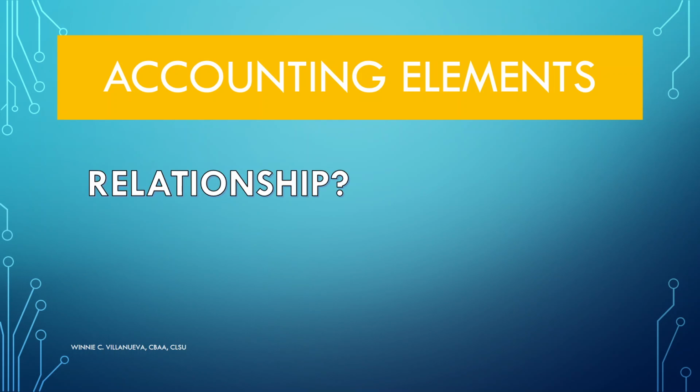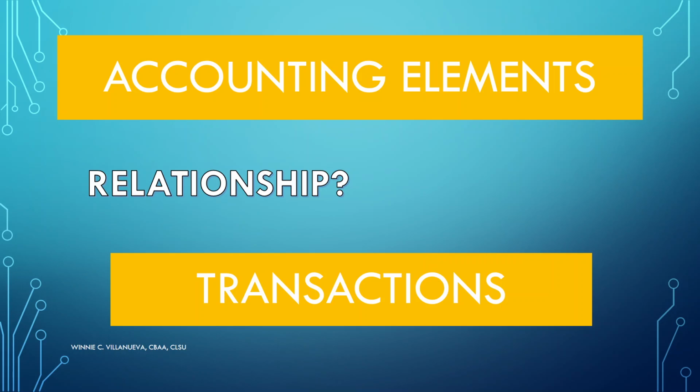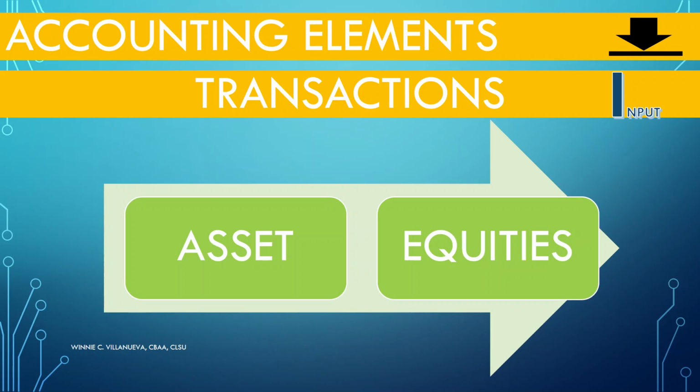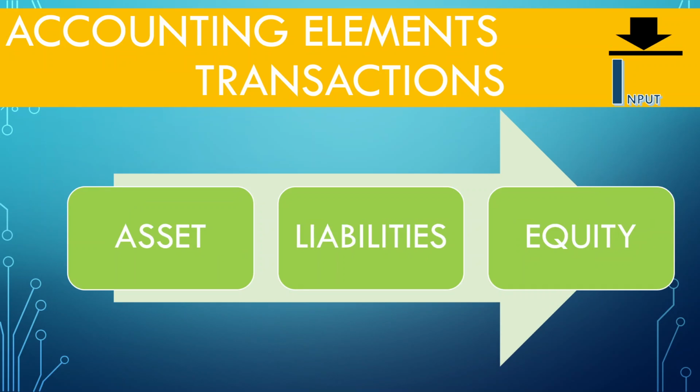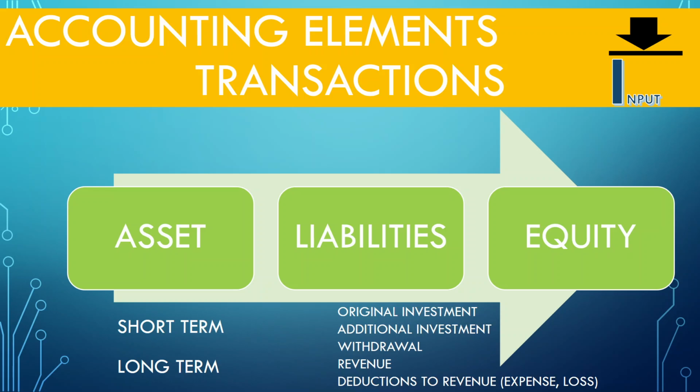Okay. So, ano ba ang relasyon ng accounting element sa transaction? Ito daw ay, ano yung symbol na yan? Input. No? It is an input when it comes to your accounting processes. Ano na uli yan? Asset and equities. And these equities will be divided into liabilities and the investment by the owner, of which the asset and liability may either be short-term or long-term.